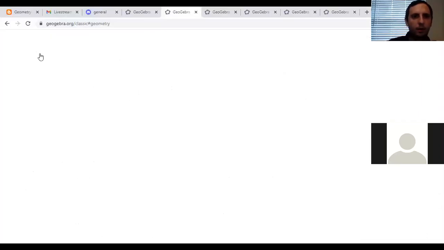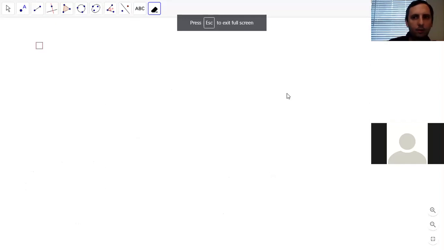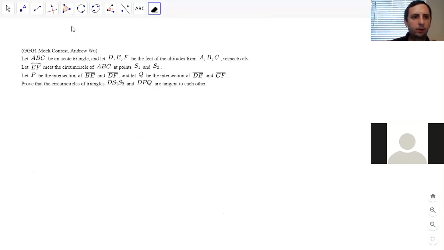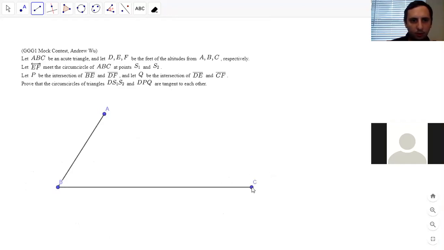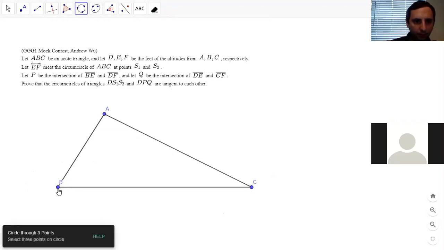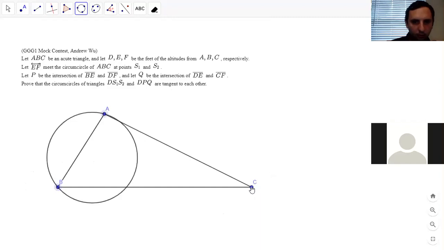So here's the next problem. Whoops, didn't mean to erase that. So we have an acute triangle ABC. And D, E, and F are the altitude feet. And we want to see where EF meets the circumcircle of ABC. So let's draw the circumcircle.